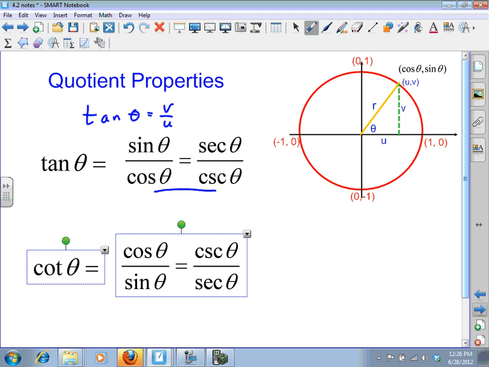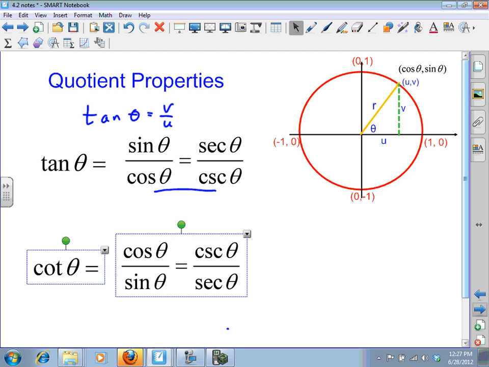And down below, cotangent of theta is the reciprocal of tangent, so the quotient properties are all turned upside down. Cosine over sine is equal to cotangent theta. Cosecant over secant is also equal to cotangent.